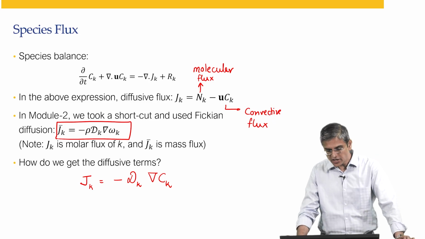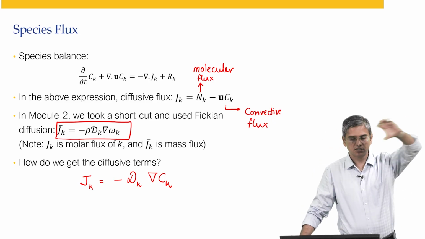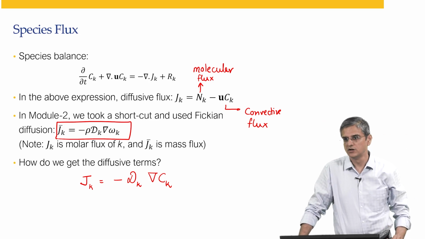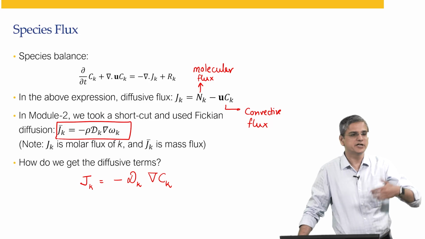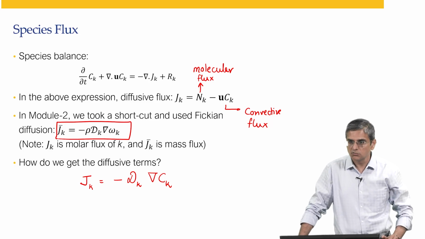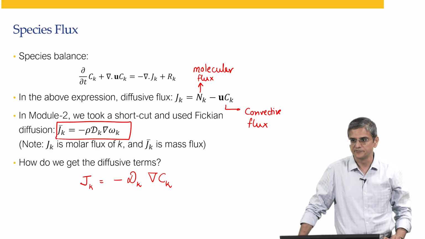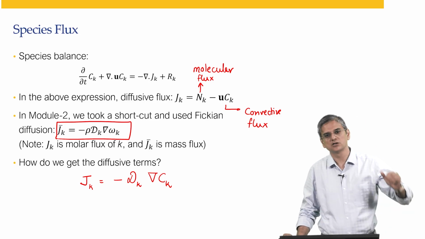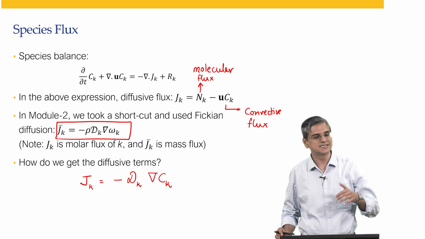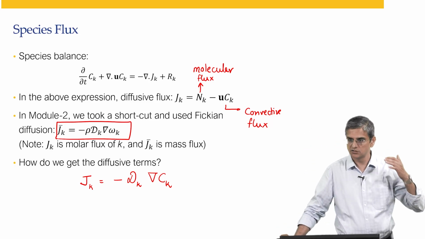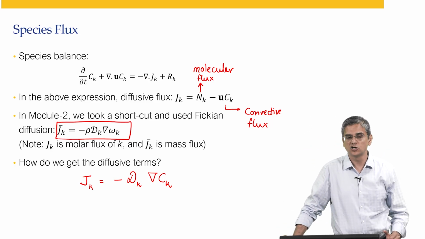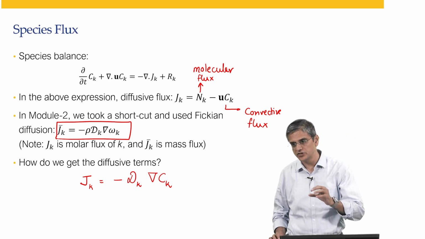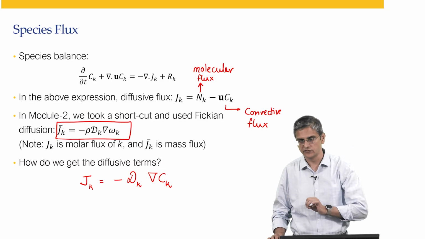If you could actually measure how fast the molecules move, you would not need the whole thing about diffusion. The reason diffusion comes in is because what you measure is a mass averaged velocity. You are not able to measure the actual velocity with which the red and blue move.